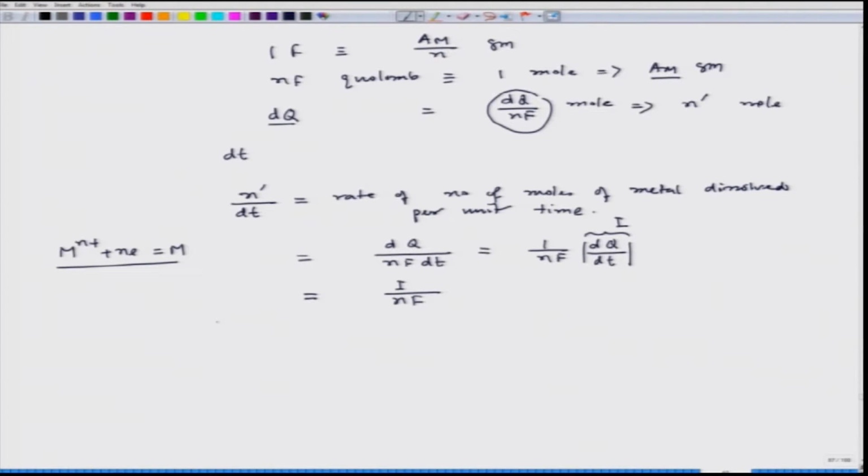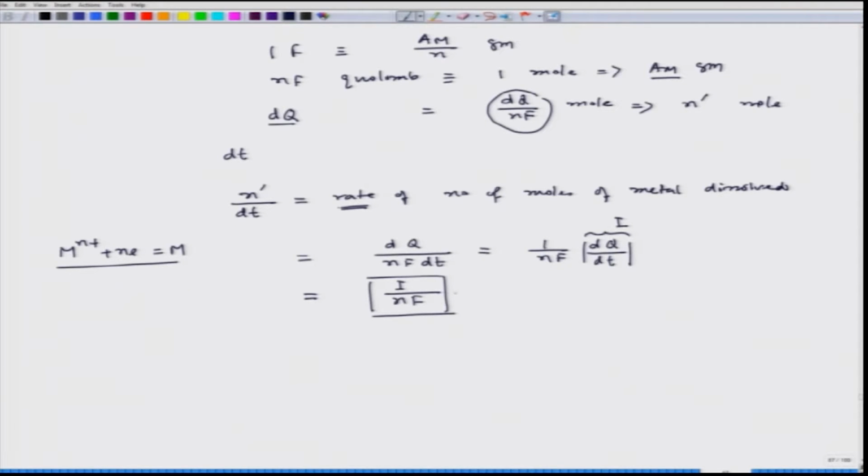Now, when I write this, it says the rate of number of moles of metal dissolved. In that case I do not have to mention per unit time, because when I am using this rate, time is taken care of.